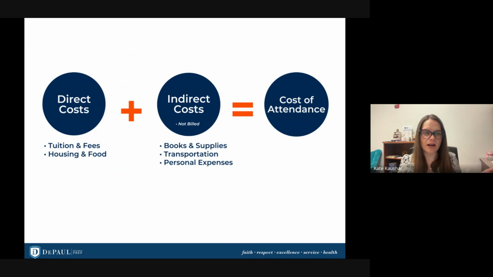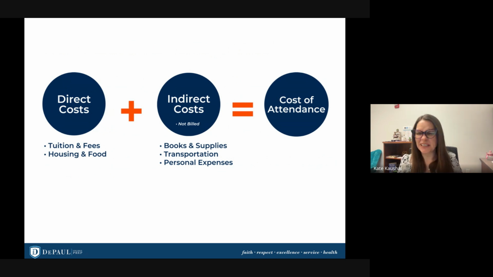Again, those direct costs are going to be the tuition. How much does it cost to take classes? Fees, like how much does it cost to use the rec center and go to the gym? And then your housing, are you living on campus? Are we charging you for dorm costs? And food, so your meal plan if you have one. Whereas those indirect costs are going to be books. Are you renting them? Are you actually going to buy them?